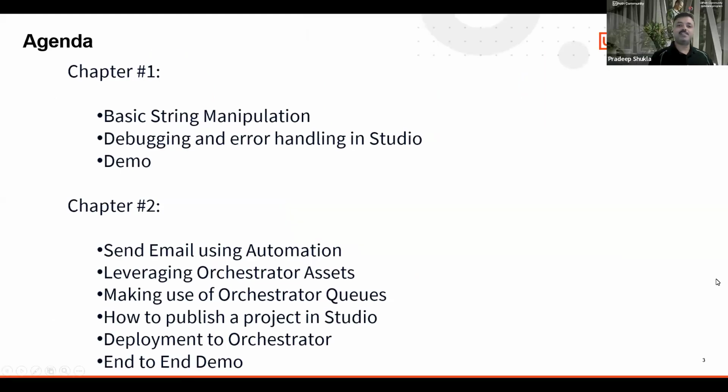So this is a high-level agenda. I broke it down into 2 chapters, if you will, because there were too many things in the agenda. So I couldn't find a way to group it together so we can have the least handovers from slides to demo, just to keep things organized. The first chapter will be primarily on a concept, string manipulation.